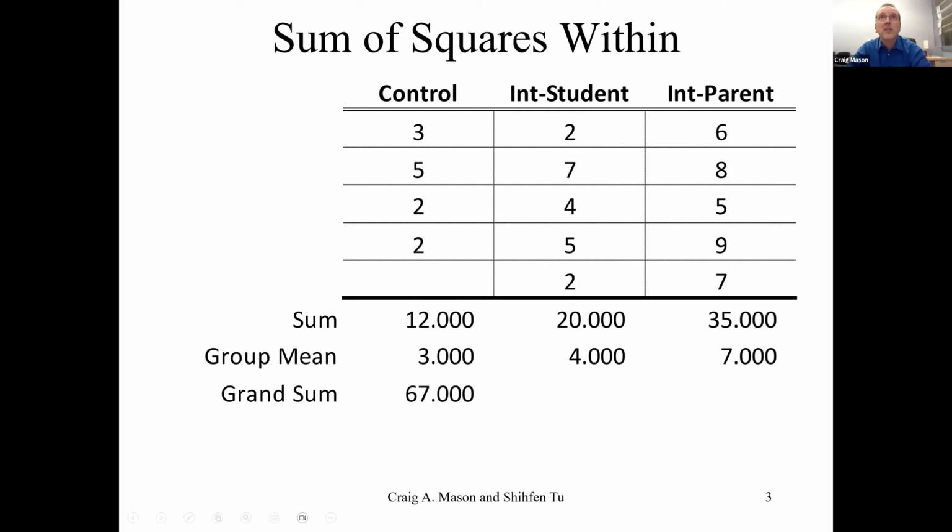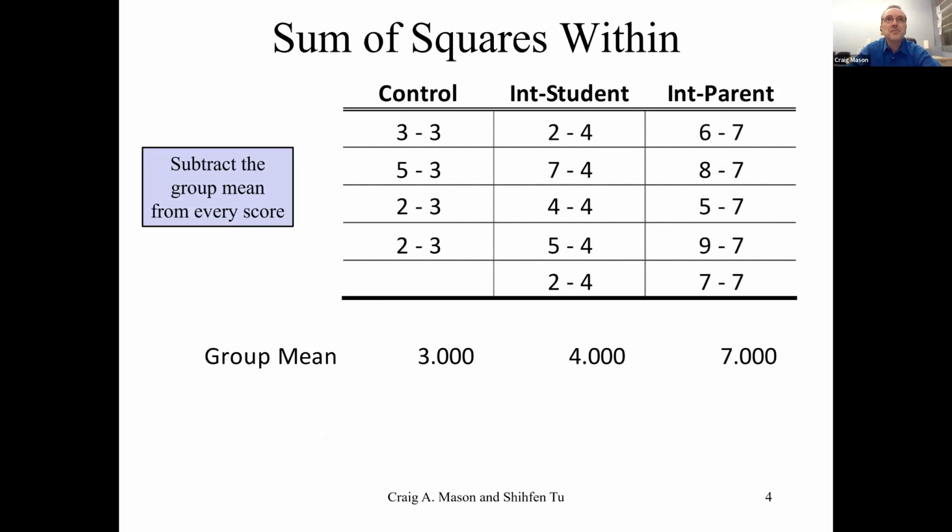If we add 35 plus 20 plus 12, and then divide by the total number of kids, 14, that gives us a grand mean of 4.786. We're just doing that while we're here, even though we don't use the grand mean for the sum of squares within. But remember the number because we're going to need it in a few minutes.